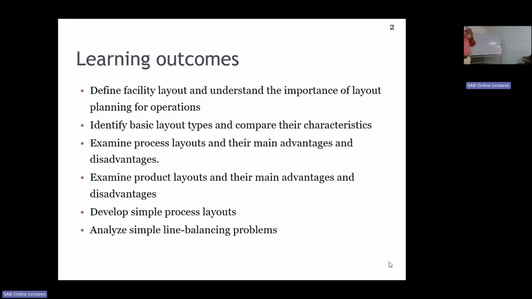Even book chapters, lengthy chapters, but we will quickly cover, covering the most important, most needed areas only. Layout planning. Facility layout.